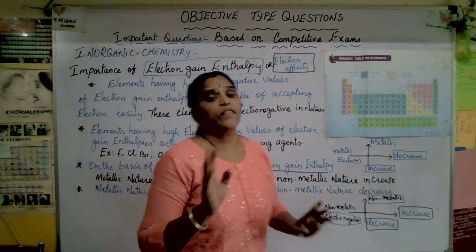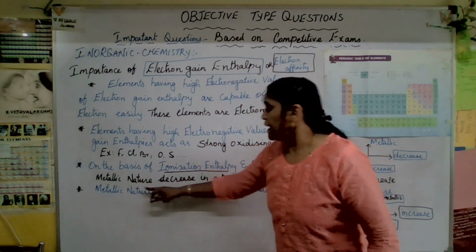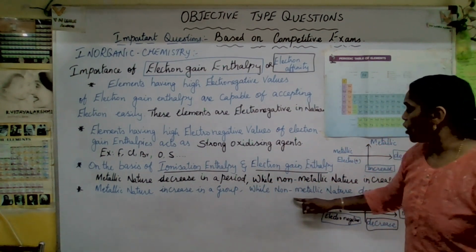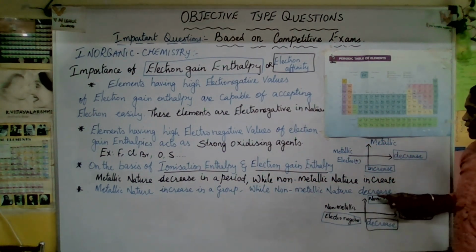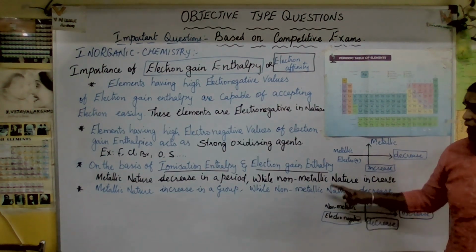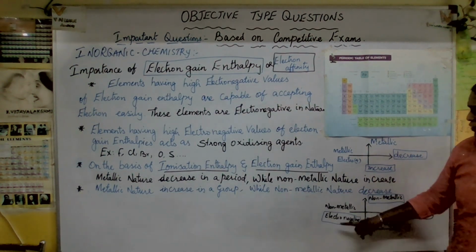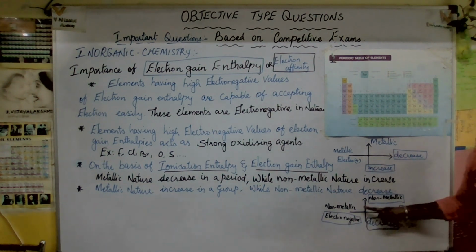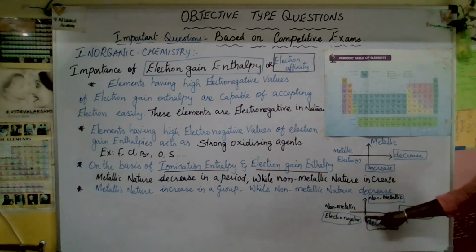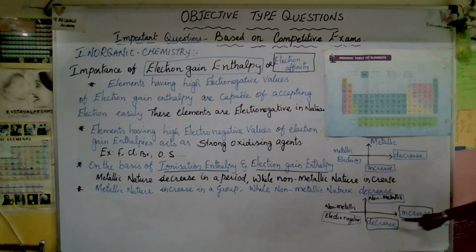Now the next one: non-metallic nature increases in a period while it decreases in a group. If you see this diagram, you will come to know very clearly. In this diagram, non-metallic nature, as it goes along the period, is increasing, but in the group it is decreasing.